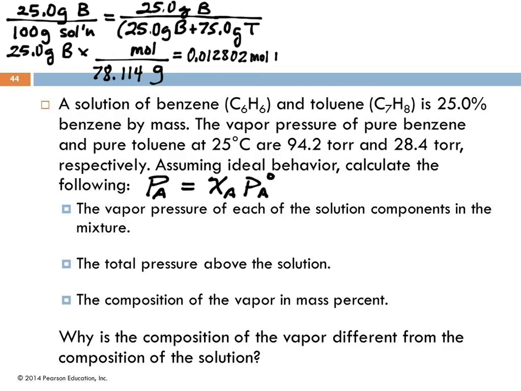Moles of B, benzene. So then I want to take, I hope somebody's got the molar mass of toluene. 93.08. 93.08, thank you.